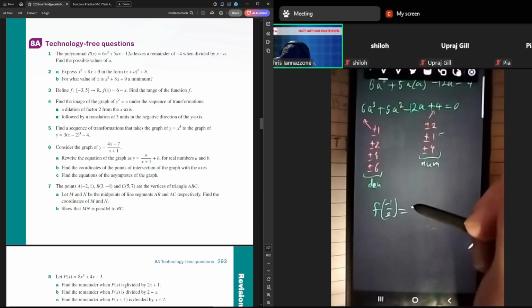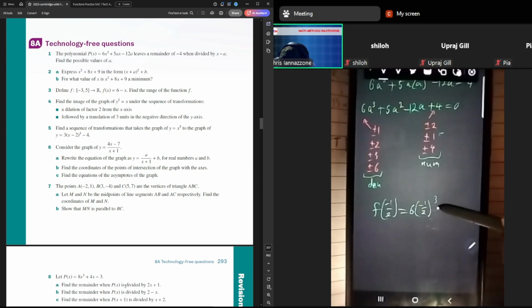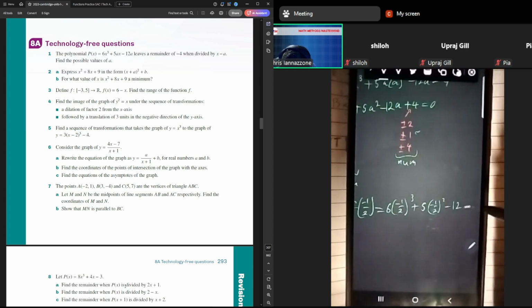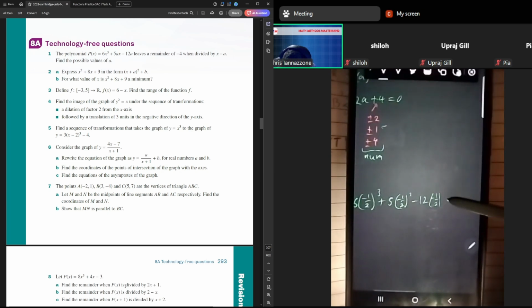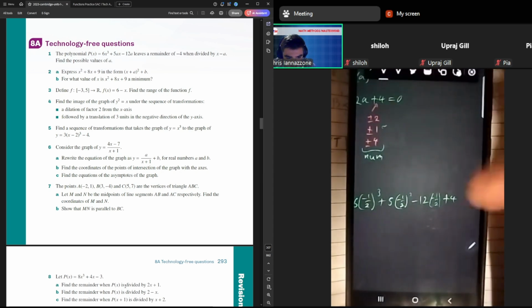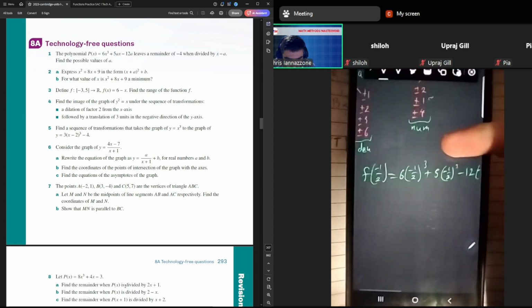Okay, 6 times minus a half, all cubed, plus 5 times minus a half, all squared, minus 12 times minus a half, and then plus 4. And with any luck, that'll equal 0 if I've been able to read the answer correctly.